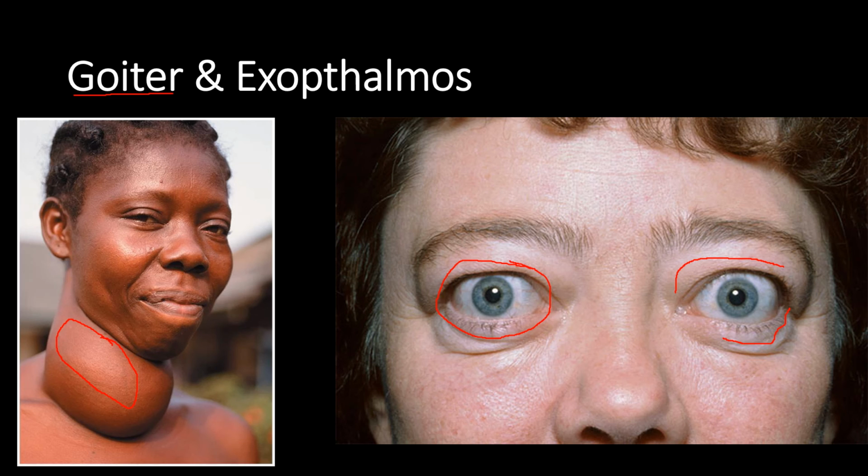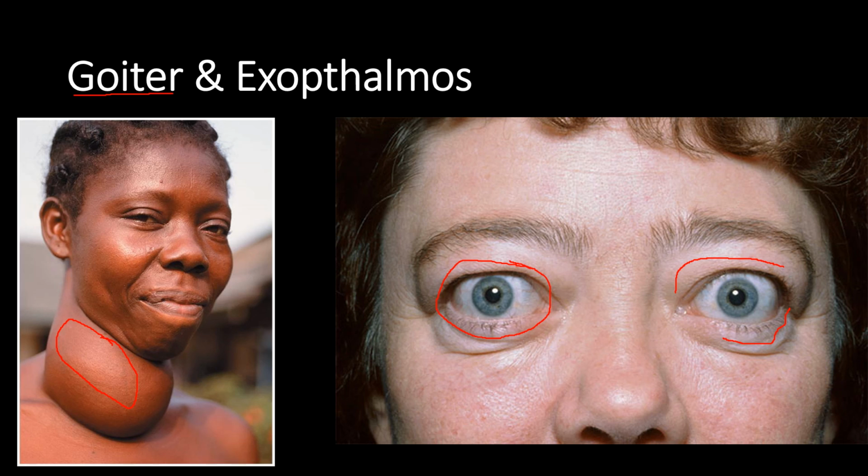Typically, hyperthyroidism is treated with drugs that decrease the production, but these drugs are pretty much a lifetime solution. Permanent treatments can involve thyroidectomies or thyrectomies, which is just the surgical removal or the non-surgical destruction of the thyroid gland.